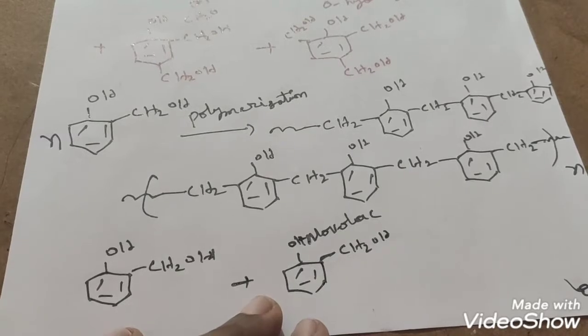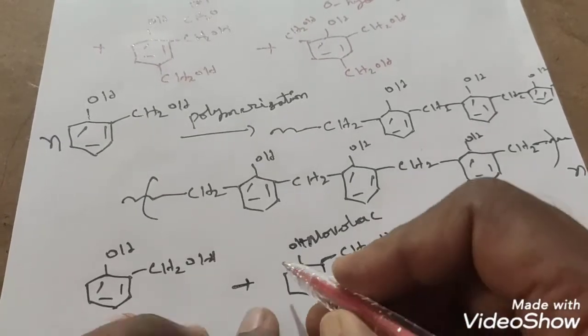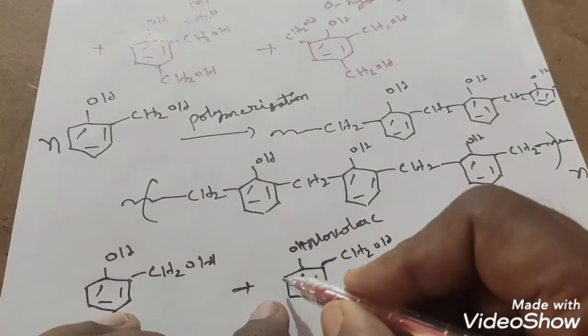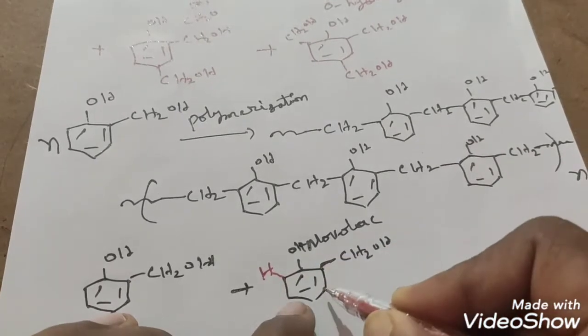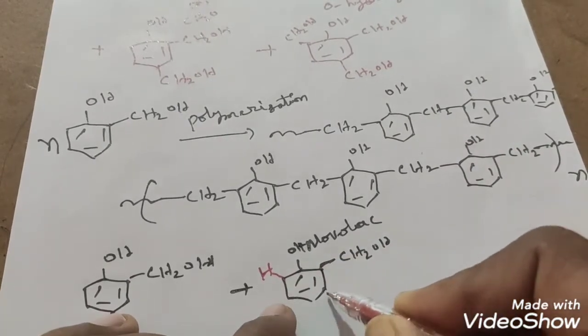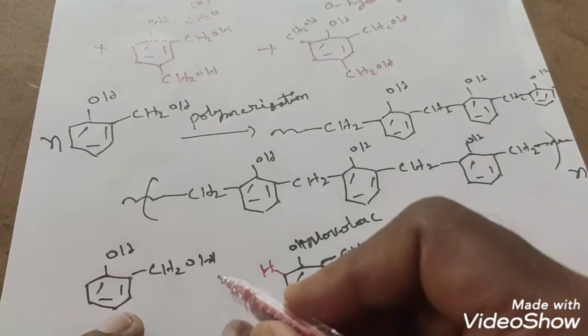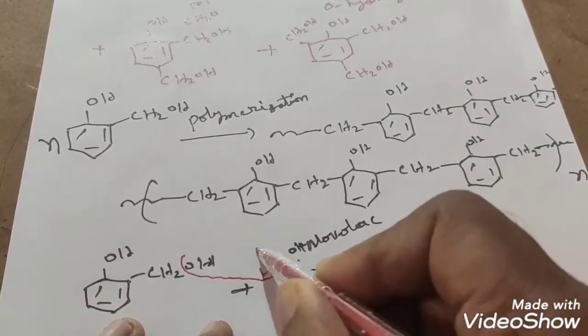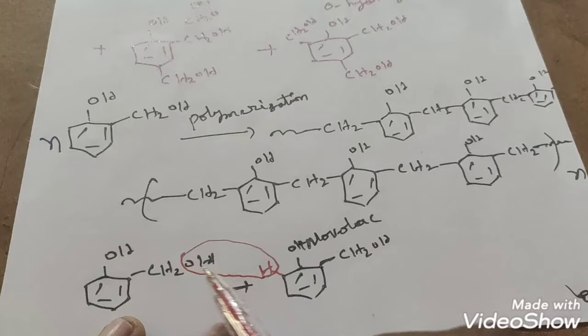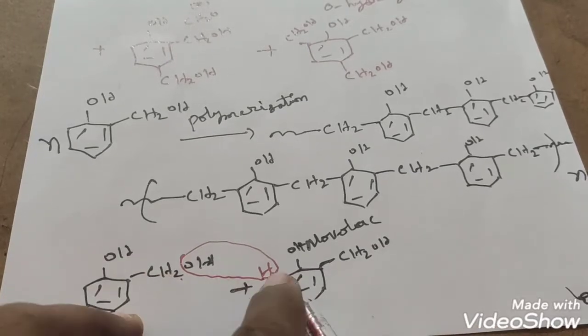See how here the addition will take place at the ortho position. For example, here nothing is there, means here hydrogen is there at each and every position of carbon here, right? At the other position, one of the hydrogens and here OH are removed as a water molecule. Then this CH2 will join here.